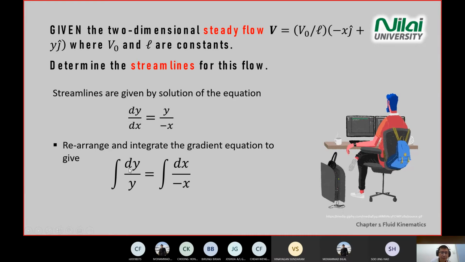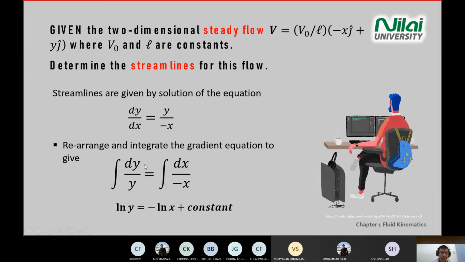We know that if you integrate 1 divided by something, it becomes a ln. So the term on the left, the y component, becomes ln y. And then you pull up the negative, and this one becomes negative ln x plus a constant.